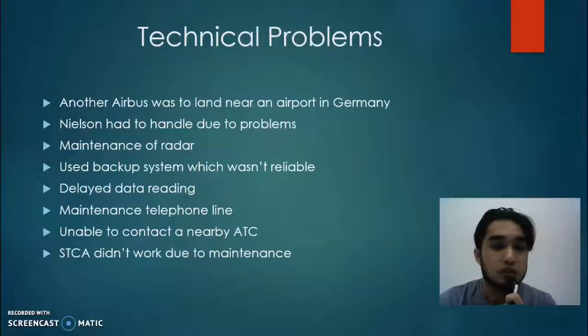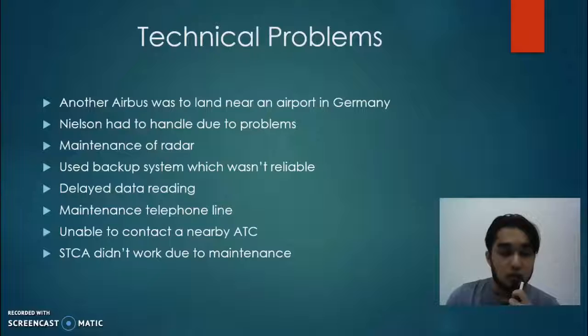This caused Peter Nielsen to spend more time on the Airbus than he should have, and neglect DHL 611 and Bashkirian Airlines Flight 2937. The time he spent on the Airbus was because he could not contact the airport in Germany.